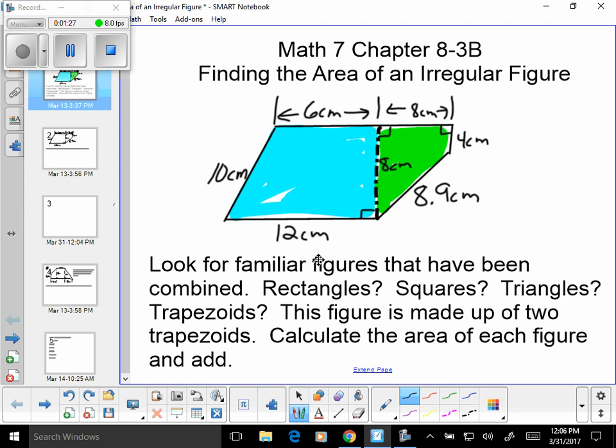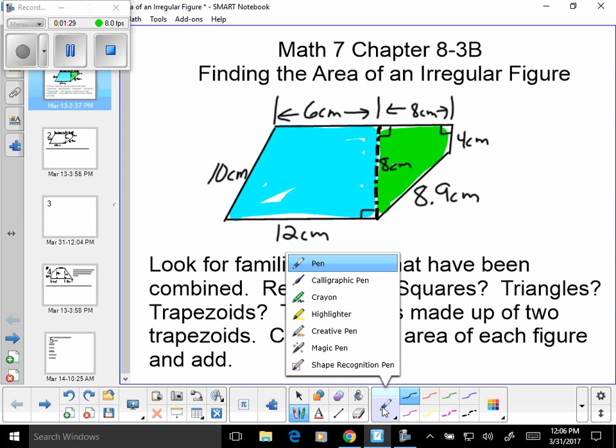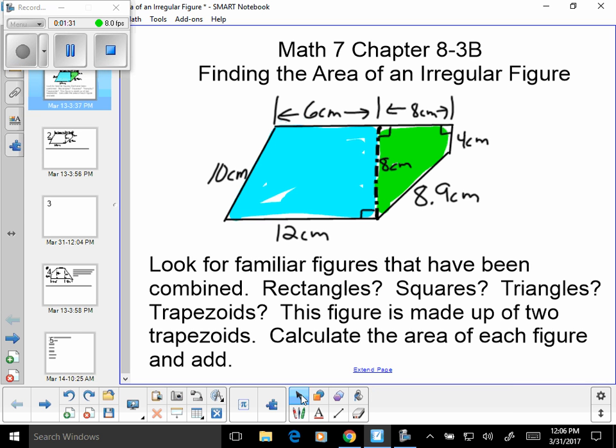You don't have to highlight if you don't want to, but sometimes it comes in pretty handy. Now, it's easy to see that you really have two separate areas. The area that's in blue, the area that's in green. We will need to calculate both areas and then add them together to get the total area.